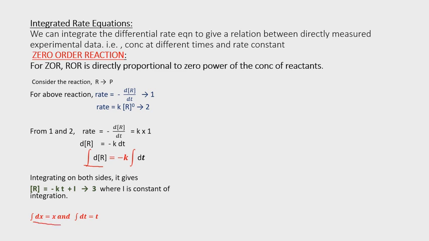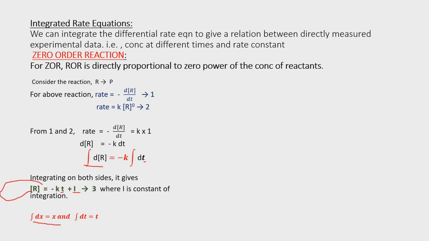So x is here, so you are getting x. Similarly, r is here, so you are getting r. Equal to minus k is the constant, minus k integral dt. So what is here? T is here. Integral dt equal to t plus I is there. This is called I is constant of integration.